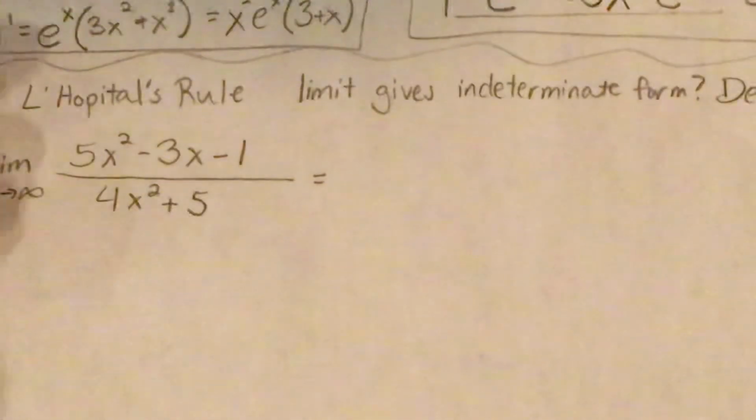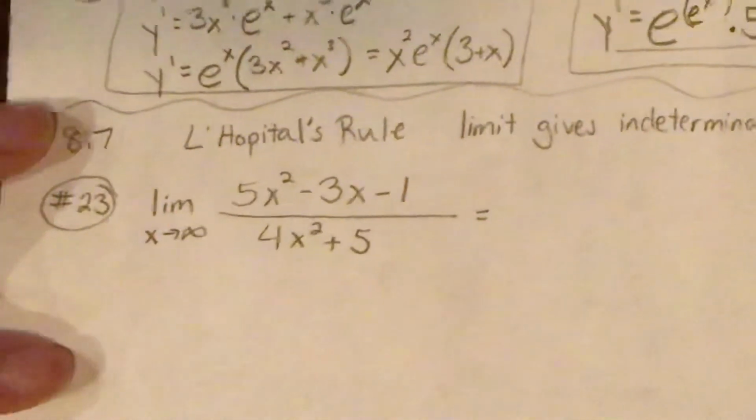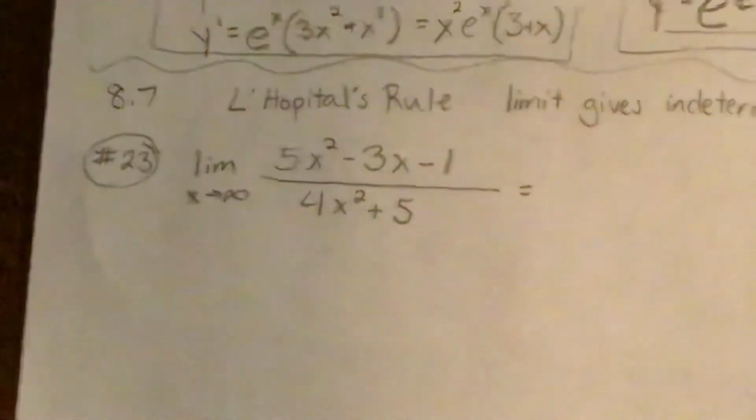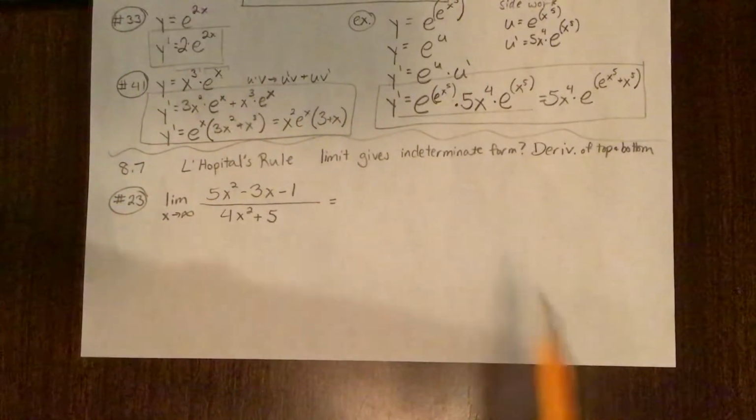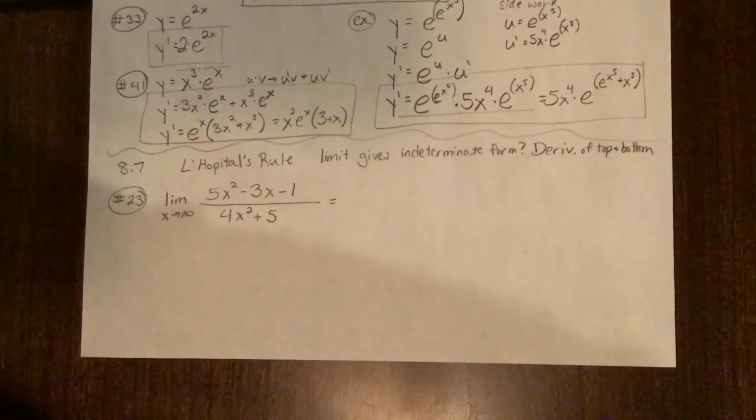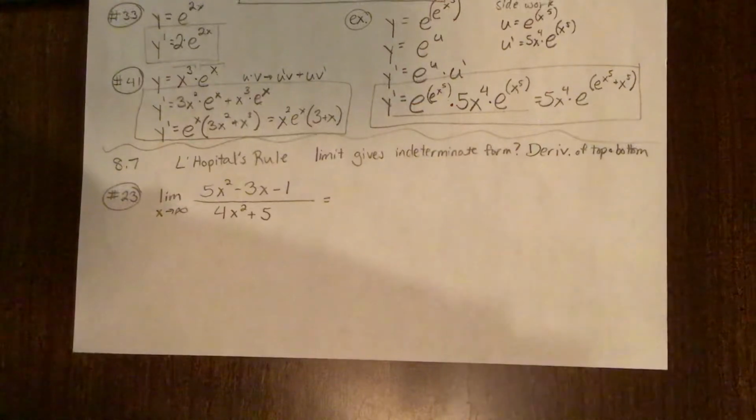8.7, L'Hopital's rule. L'Hopital's rule comes into play when we have a limit that gives us indeterminate form. Indeterminate form is something like infinity over infinity, 0 over 0, 0 over infinity, infinity over 0, 0 times infinity, 0 to the infinity power. Anything where you've got that weird mixture of zeros and infinities, indeterminate forms showing up.